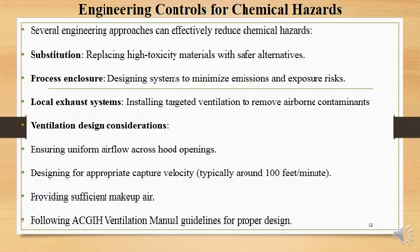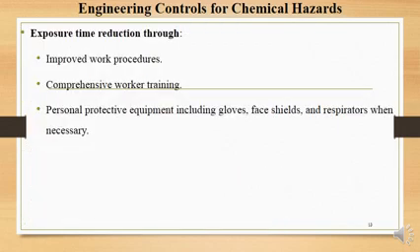Ventilation design considerations: ensuring uniform airflow across hood openings, designing for appropriate capture velocity, providing sufficient makeup air, following the ACGIH ventilation manual guidelines for proper design. And then we also have exposure time reduction through improved work procedures, comprehensive worker training, personal protective equipment including gloves, face shields and respirators when necessary, and proper handling techniques.